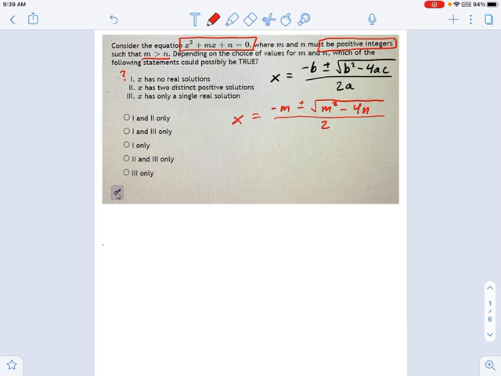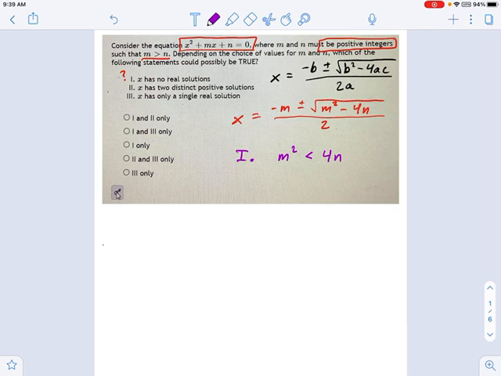To get imaginary solutions, you would need something happening here that produces imaginary numbers. Well, what sorts of things produce imaginary numbers? It's when you try to square root a negative. So to get no real solutions, here's the requirement for number 1. Number 1 requires that m squared is less than 4n.